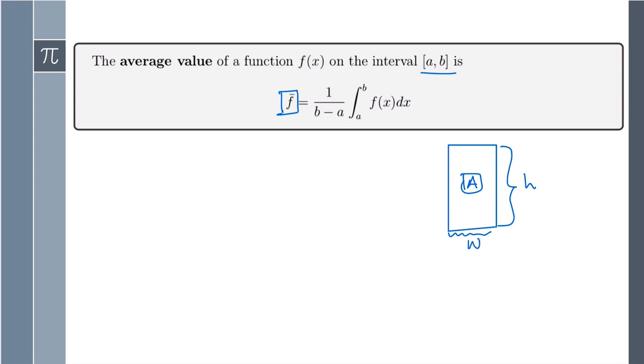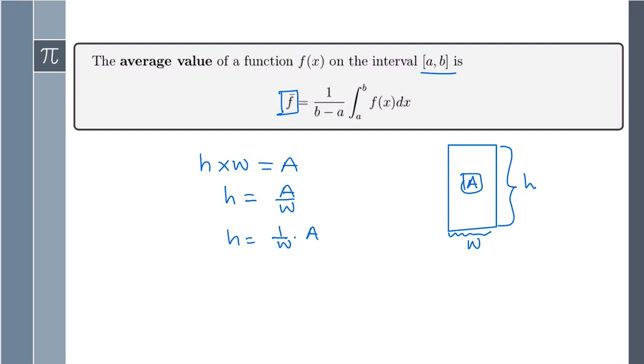So we know that h times w equals the area. If I divide by w, then I get h equals A over w, or h equals 1 over w times A. It basically means the height equals 1 over w times the area, or the area divided by the width gives us the height. It's the same thing here.